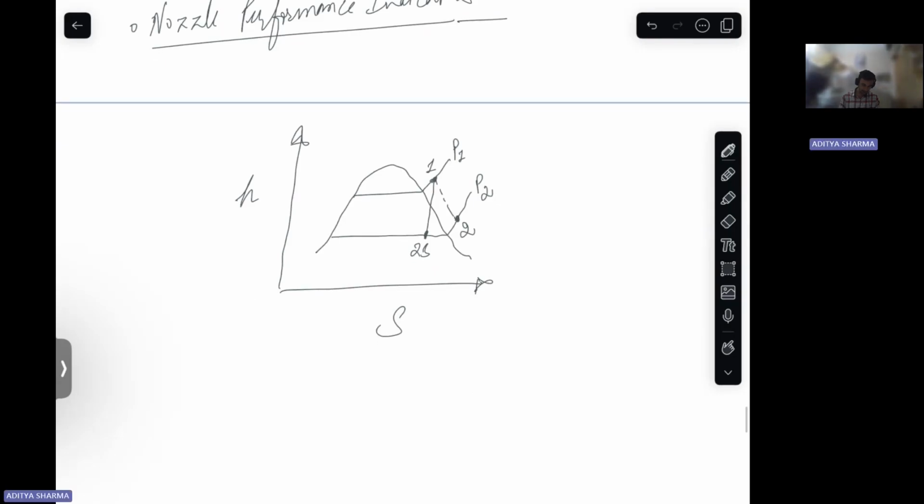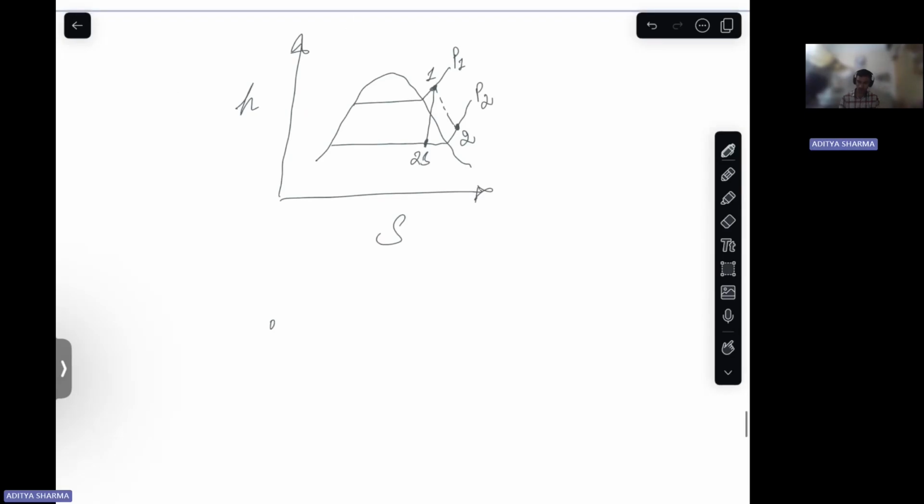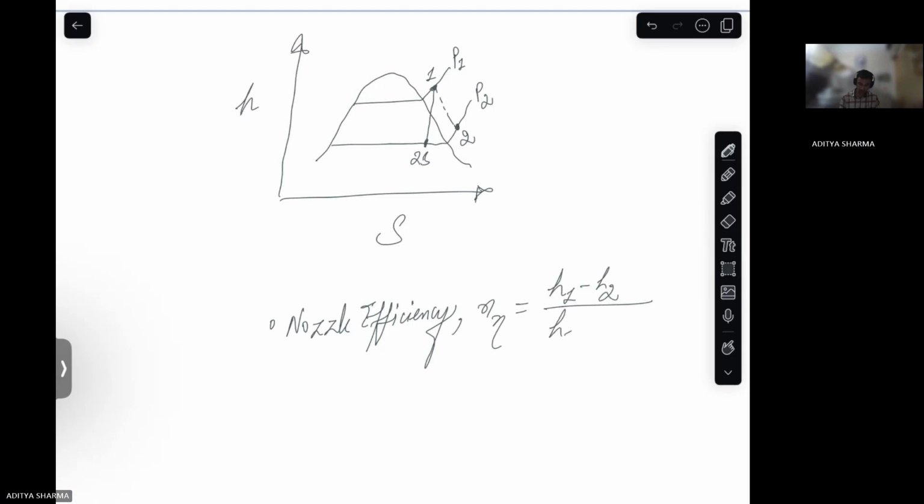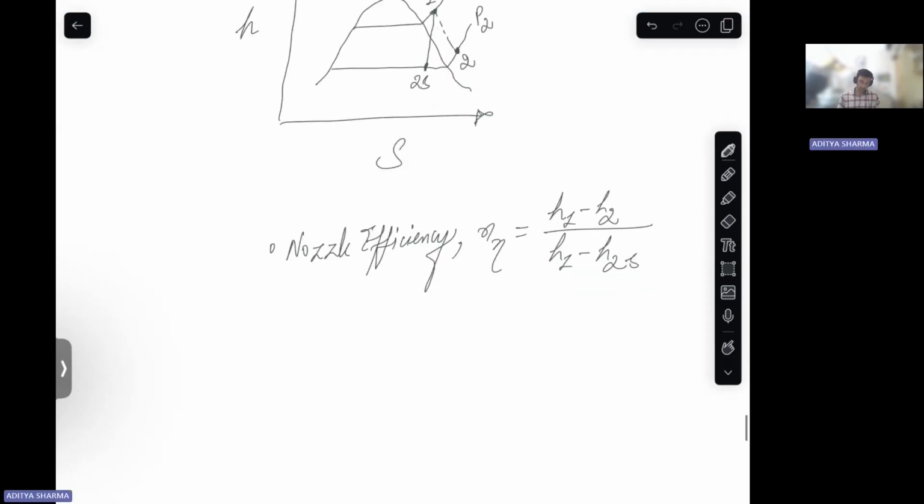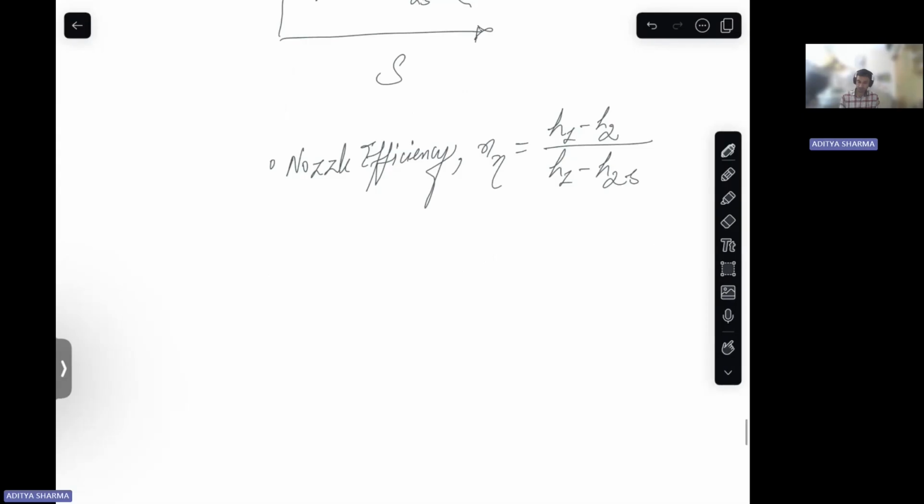So the performance indicators that we use to indicate the performance of nozzles. One is your nozzle efficiency. So nozzle efficiency is your enthalpy drop by enthalpy drop isentropic, right? So this is your nozzle efficiency. Then is your velocity coefficient.